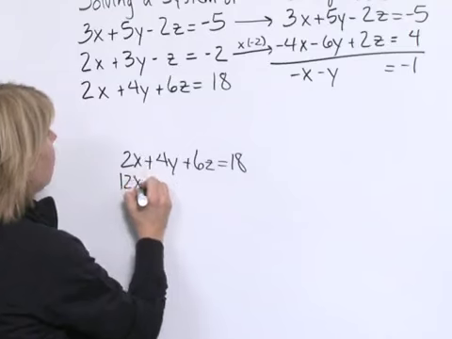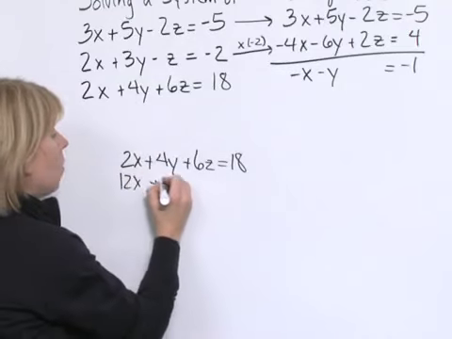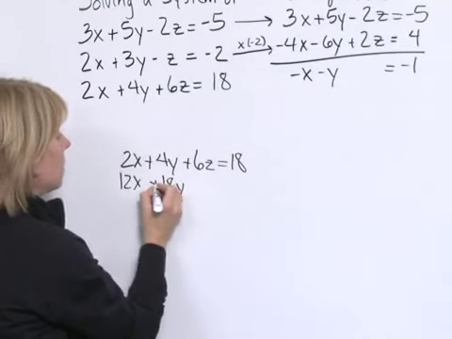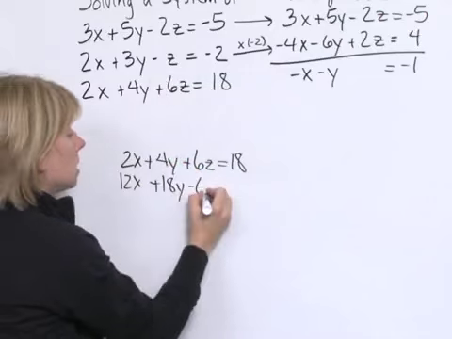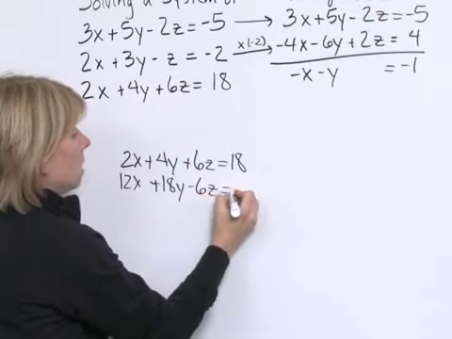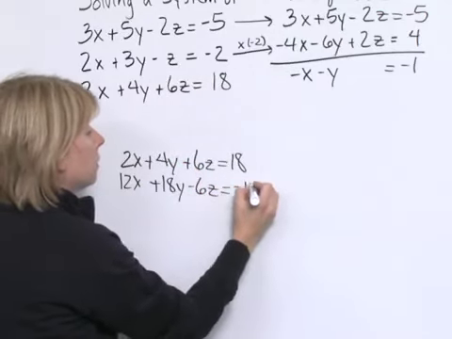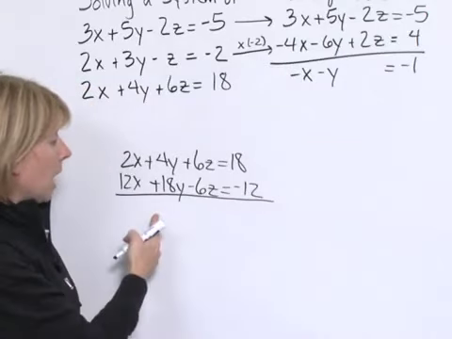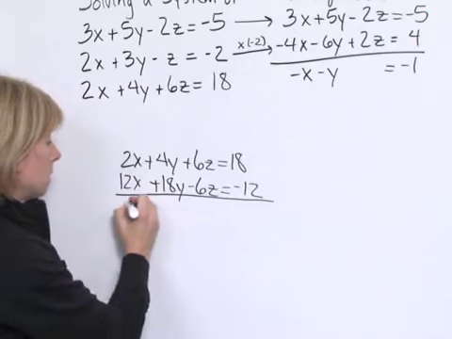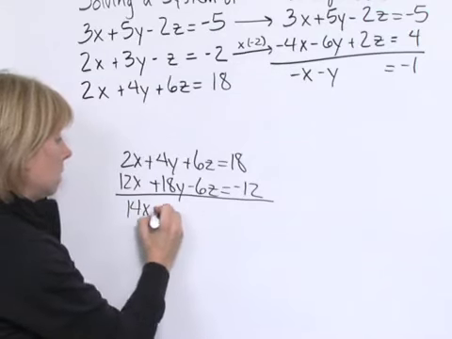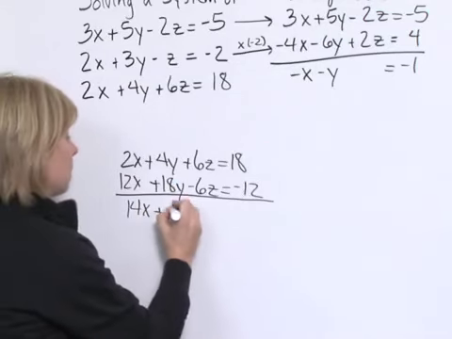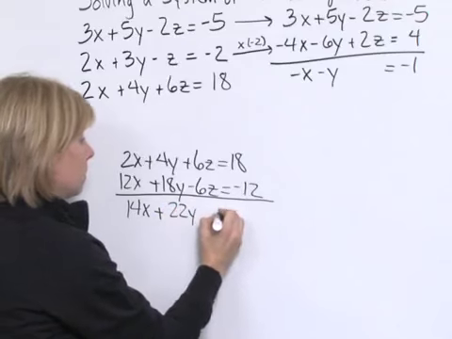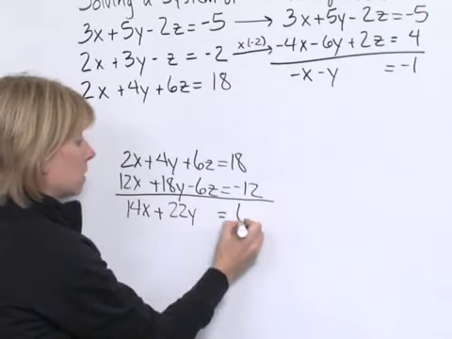That will give us 12x plus 18y minus 6z equals -12. Adding here, we get 14x plus 22y equals 6.